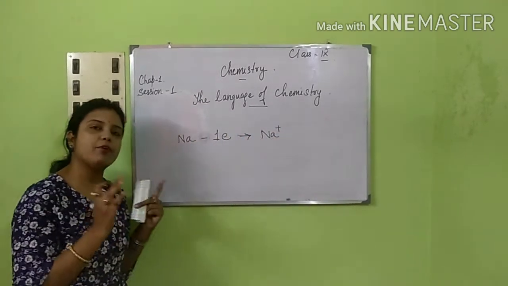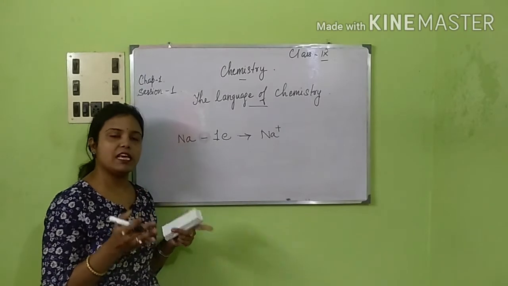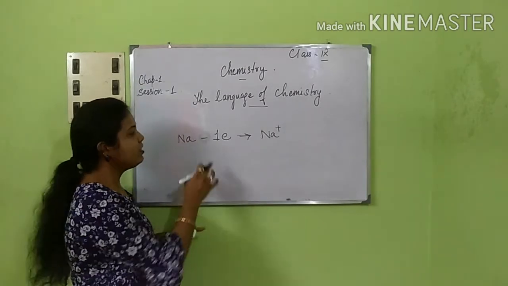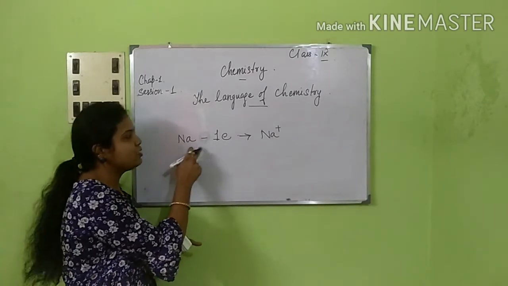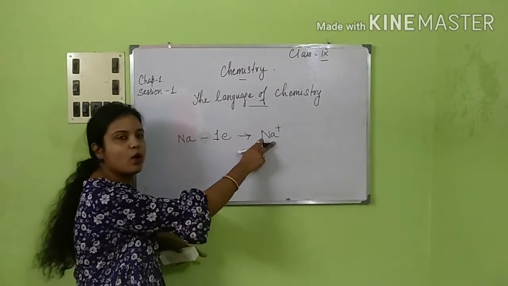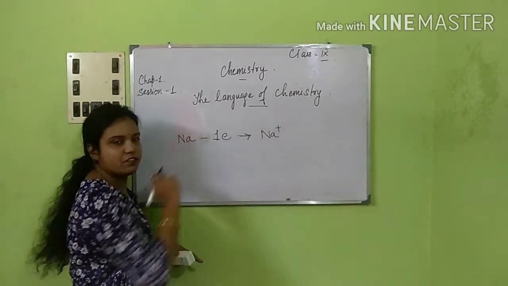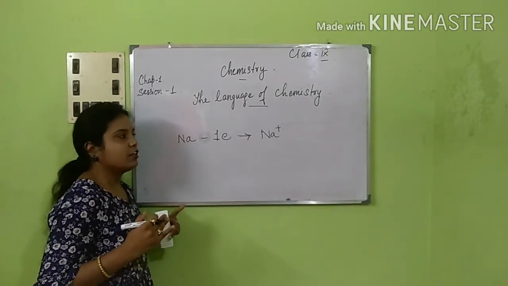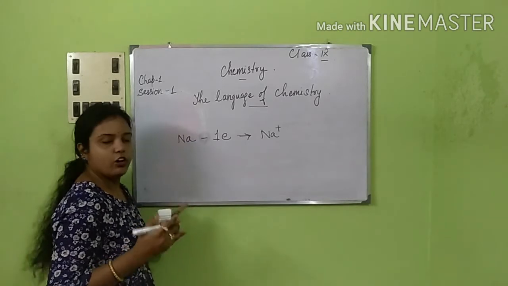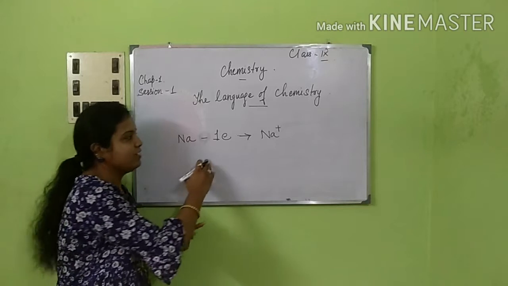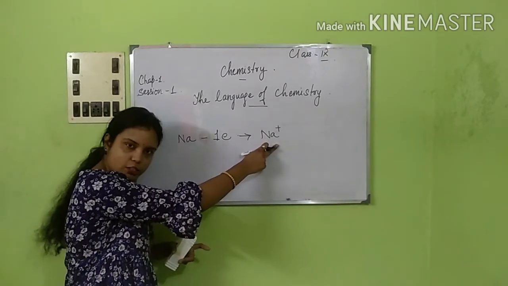As you know, the number of electrons and protons in an atom are equal, right? So whenever a sodium atom loses one electron, that means there is one proton more. That is why it has a positive charge. So the number of electrons lost by a particular atom gives you the positive valency.